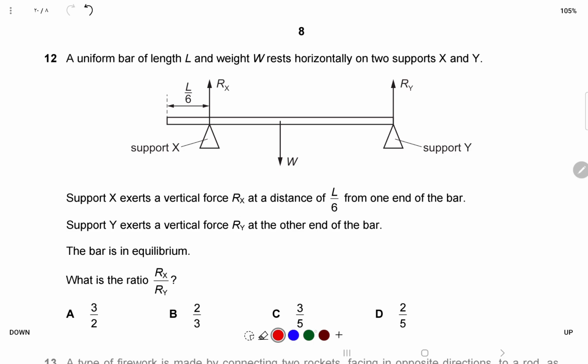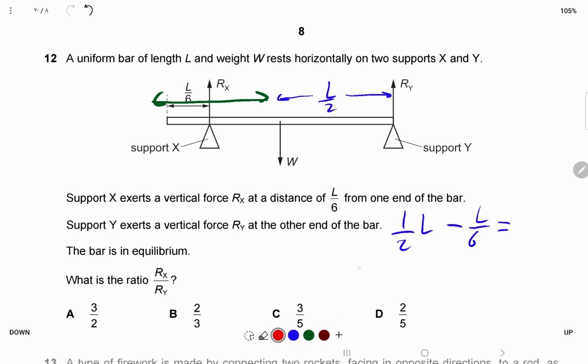Okay, let's find some important distances here before we solve it. This is a moment question. Since the bar is L, this distance is L over 2. From here to here, it's L over 2. And also this distance from here to here is L over 2. So we subtract half L minus L over 6.